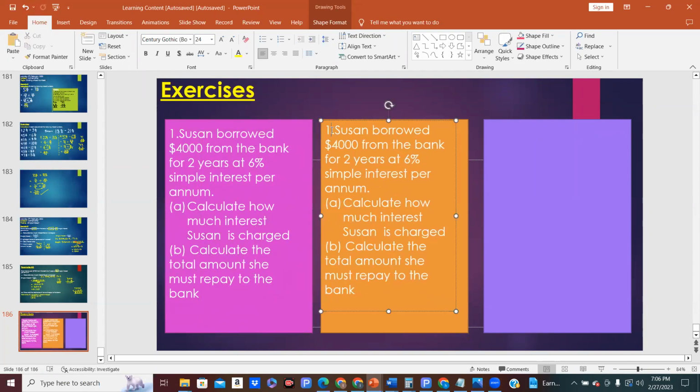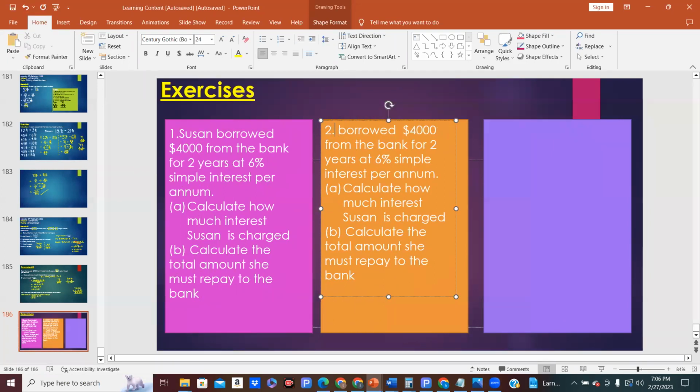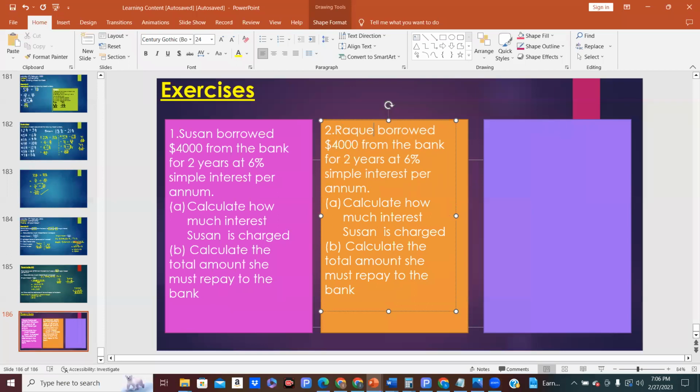Question number 2. Mr. Petit, go ahead. I have to write this down, right? Yes, definitely. You see how we write the words simple interest and we have to put P times R times T over 100. Do we have to write that or just put the numbers?